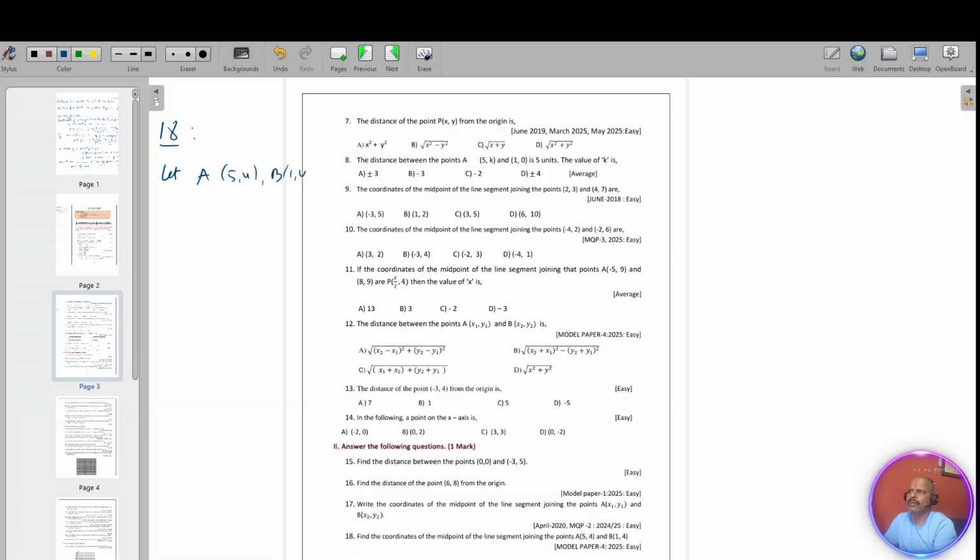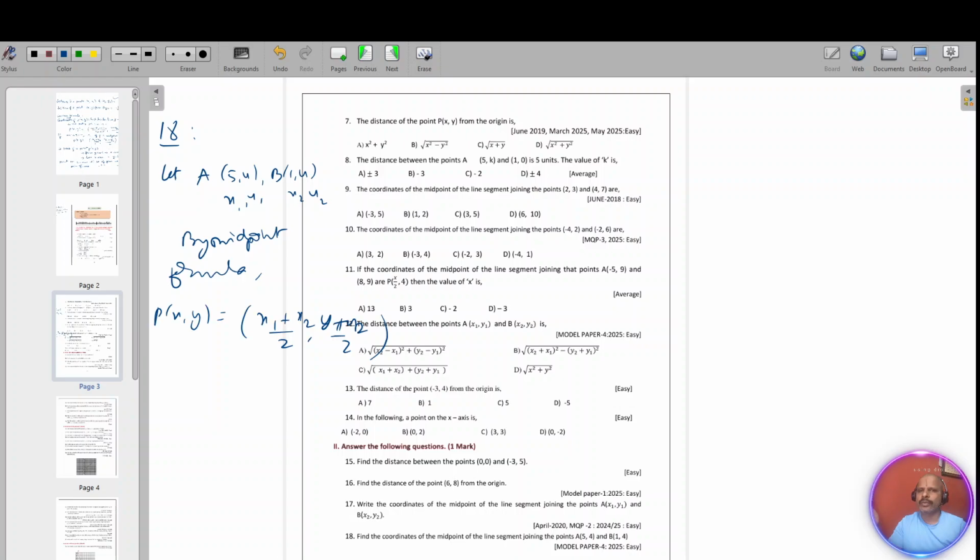Still I'll solve. x1, y1, x2, y2. By the midpoint formula, what do you have to write? For the formula, we just wrote in the 17th question, P of (x, y) equals (x1 plus x2) by 2, (y1 plus y2) by 2.